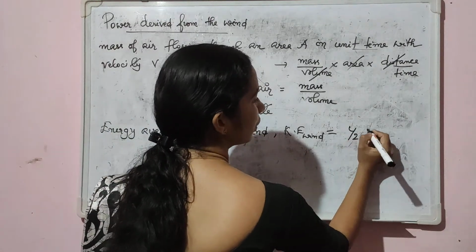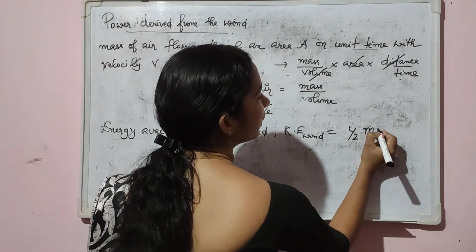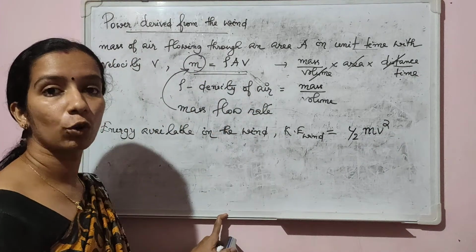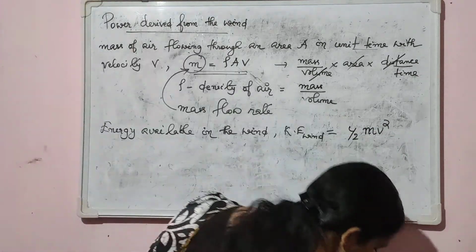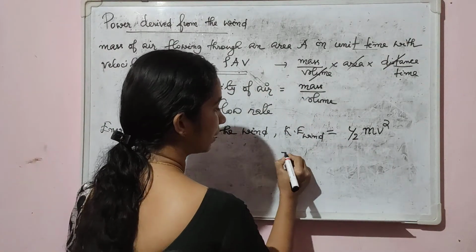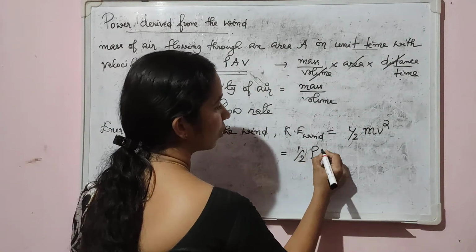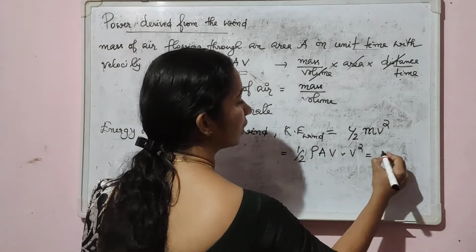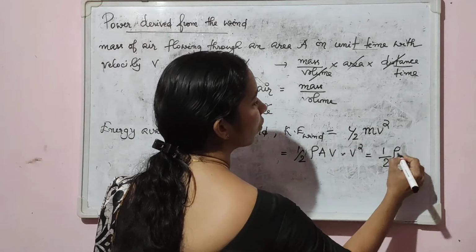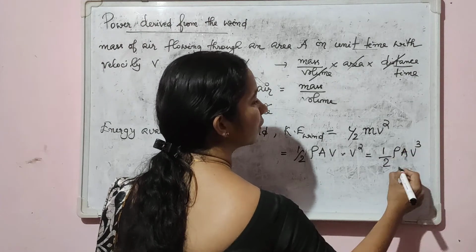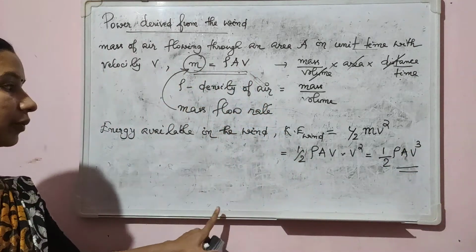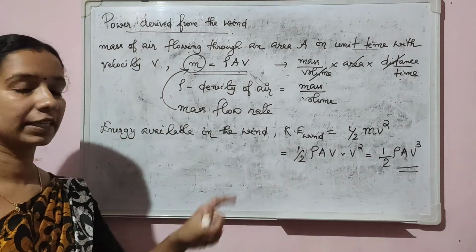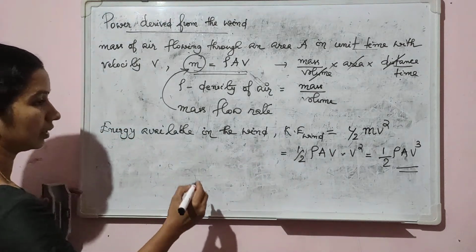So this is equal to half into m into v square. We have got the equation for m as rho into A into v. So this becomes half into rho A v into v square, that is half rho A v cube. So this is the equation for energy available in the wind, the kinetic energy of the wind.